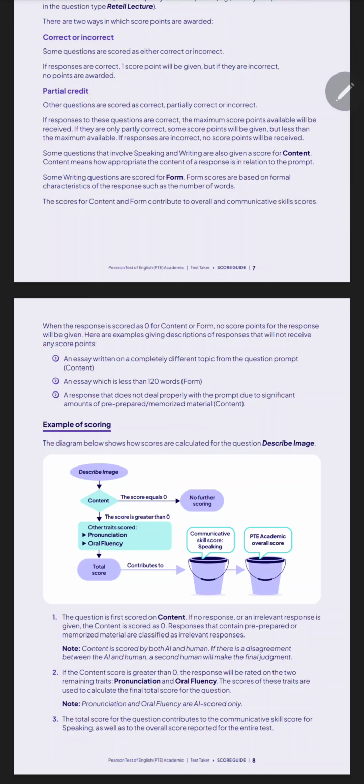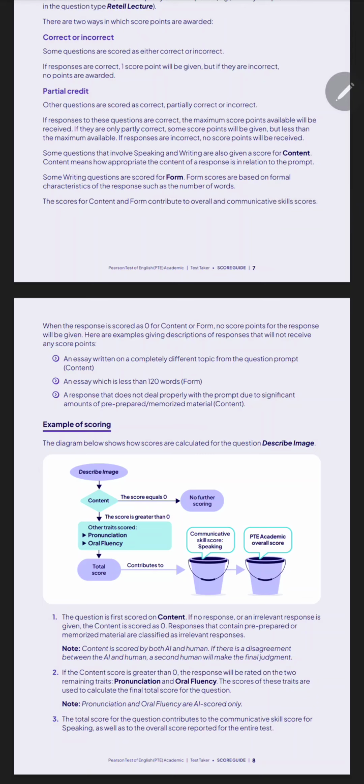First, if the content is rated 0, there is no further scoring at all. And if the score for content is more than 0, the other traits could be evaluated.